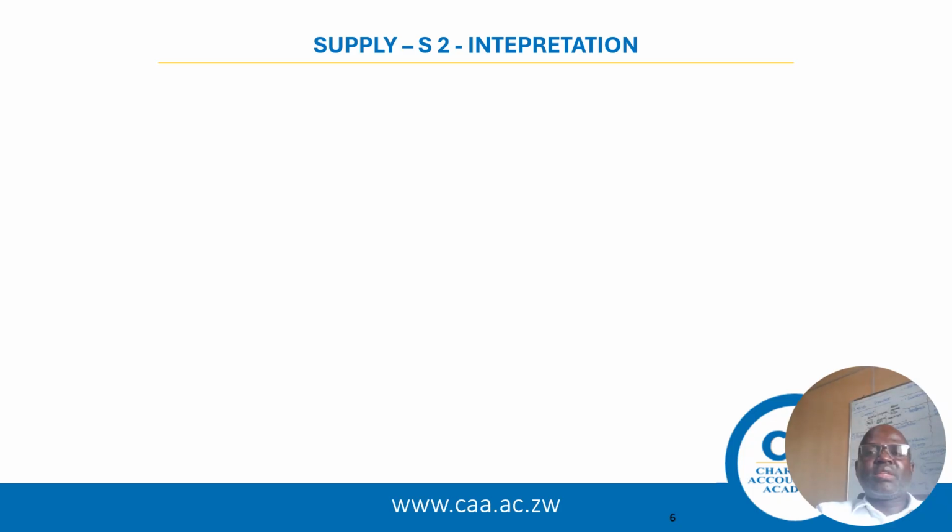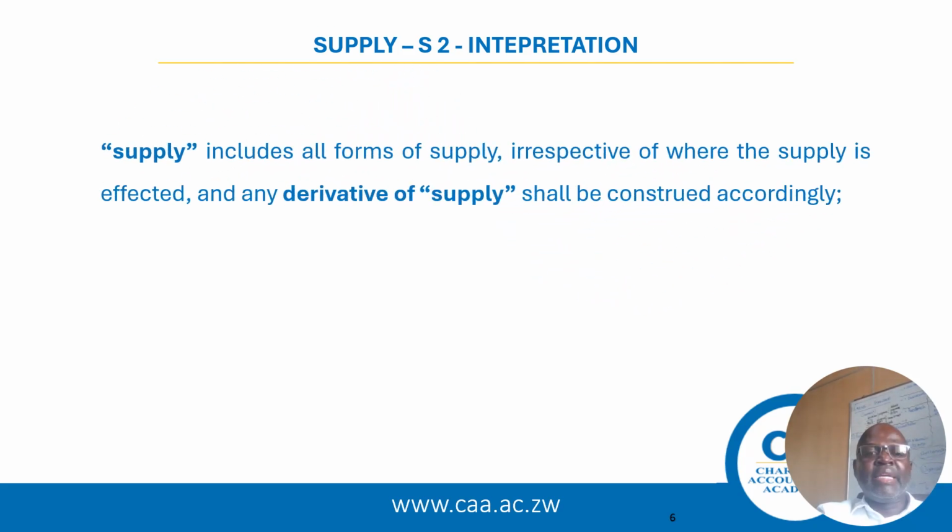So let's start with interpreting supply. Section 2 is about the interpretation of different terms within the Act, and it interprets the term supply by saying supply includes all forms of supply, irrespective of where the supply is effected and any derivative of supply which shall be construed accordingly.